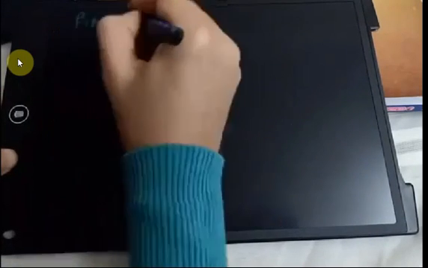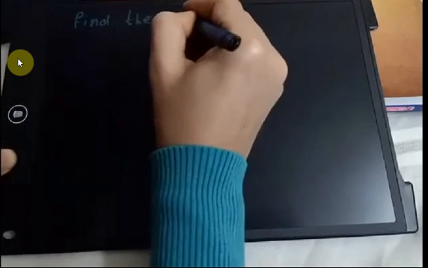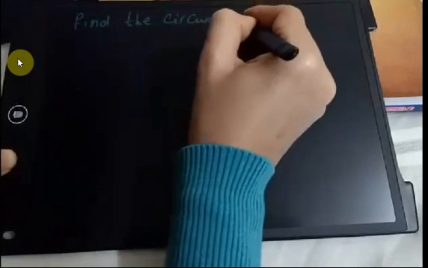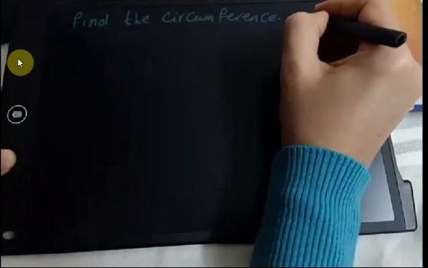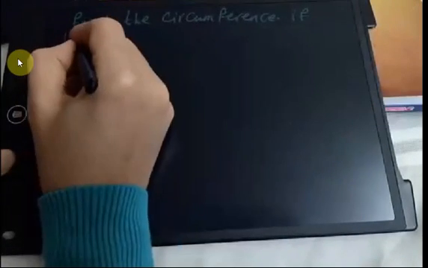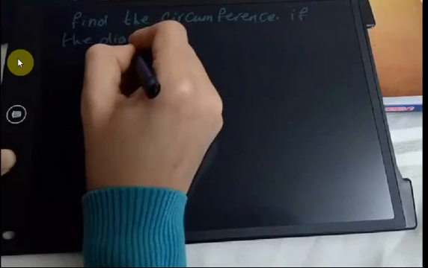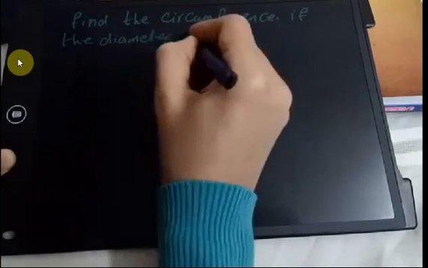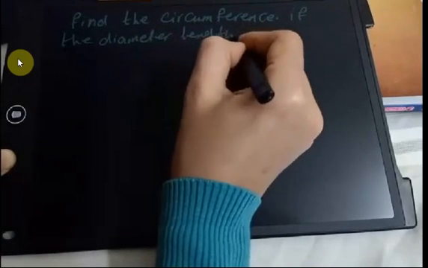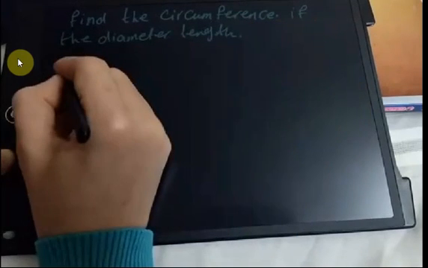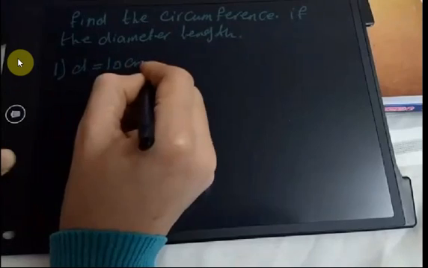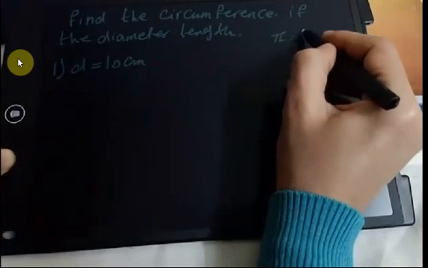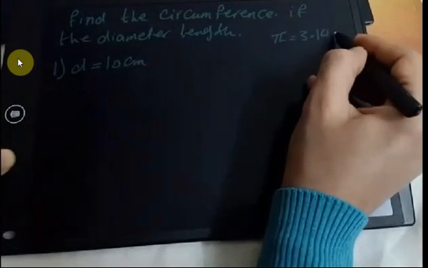The next question also. Find the circumference. But this time, the diameter length. The first one, d equals 10 centimeter and the pi equals 3.14.